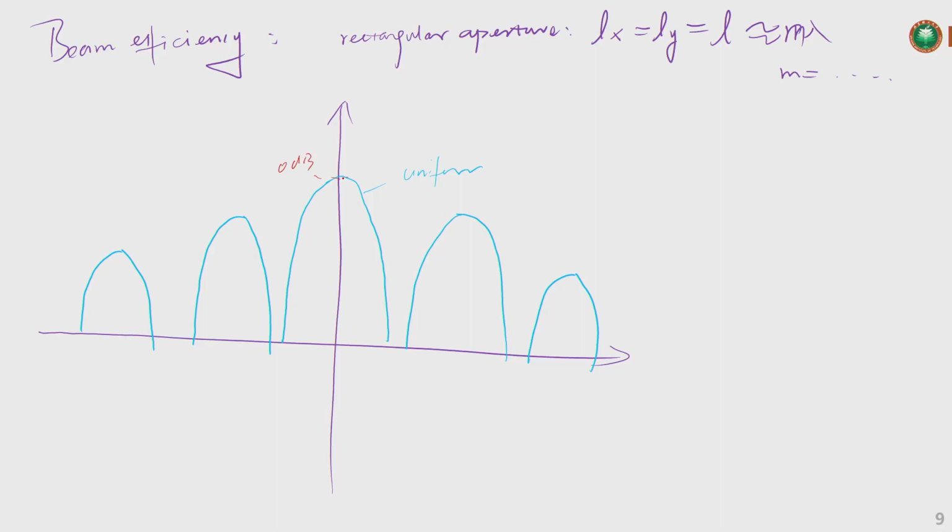But its beamwidth is wider than that one, and its side lobes are much lower. This is the cosine taper with n equals 1.